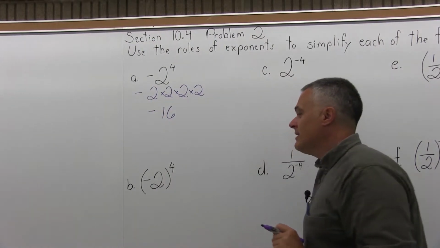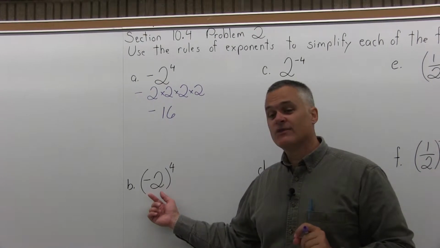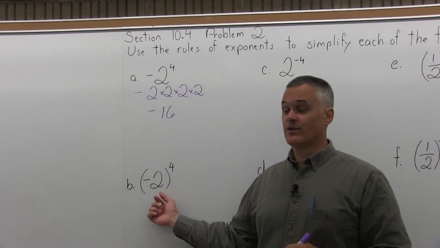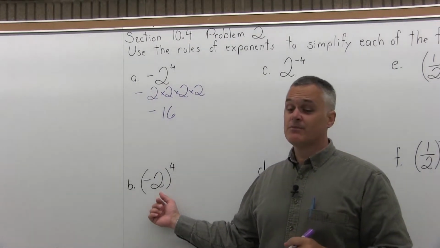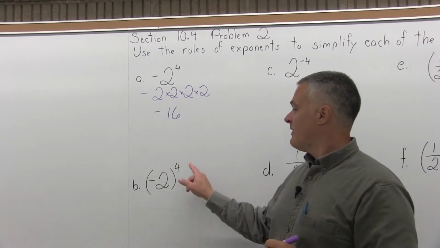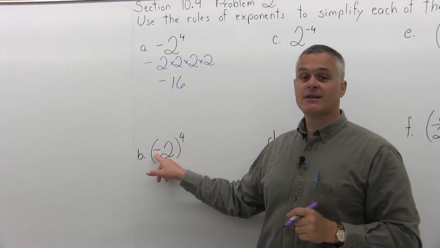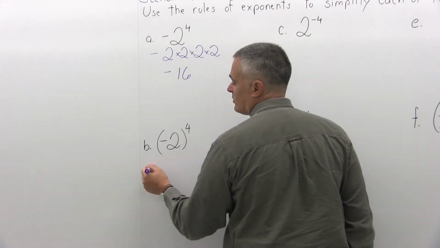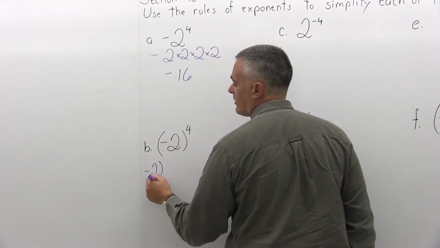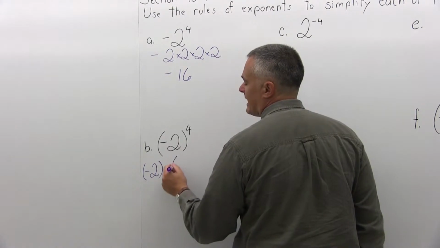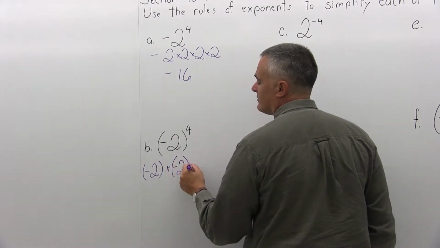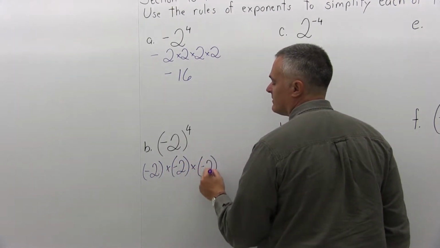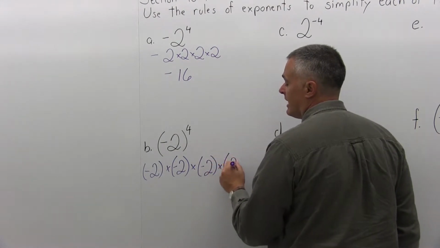Now B looks so similar. You have negative 2 in parentheses to the 4th power. There's a big difference because now that 4th power is affecting the negative and not only the 2. So negative 2 in parentheses to the 4th power is negative 2 times itself 4 times: negative 2 times negative 2 times negative 2 times negative 2 again.